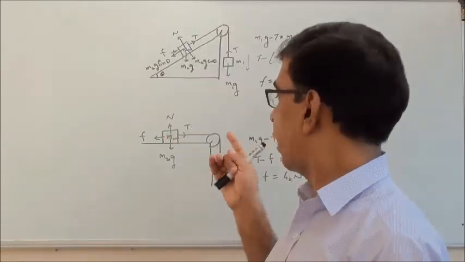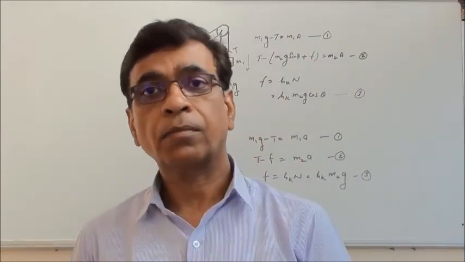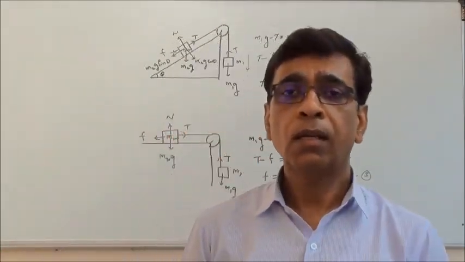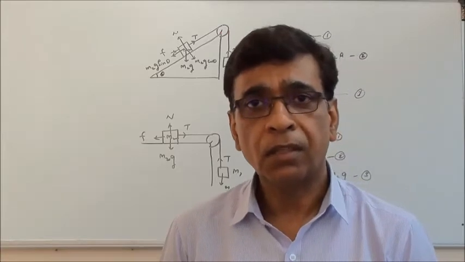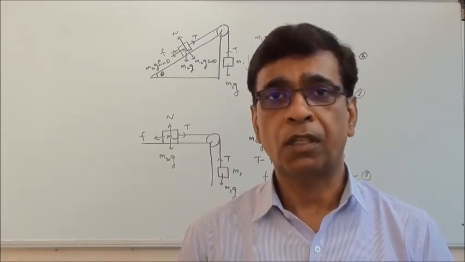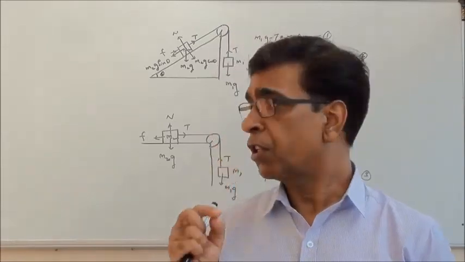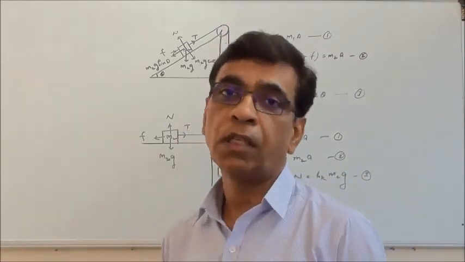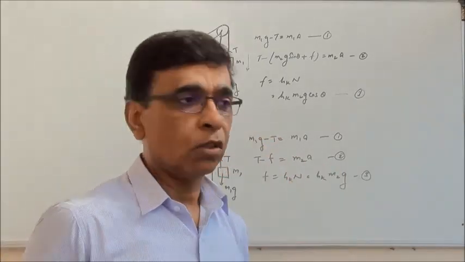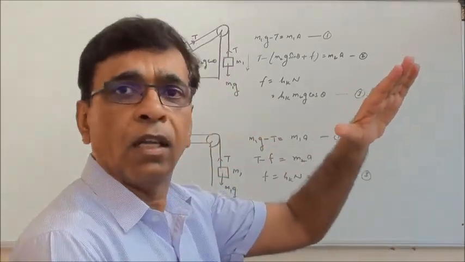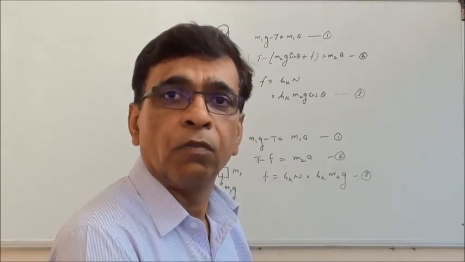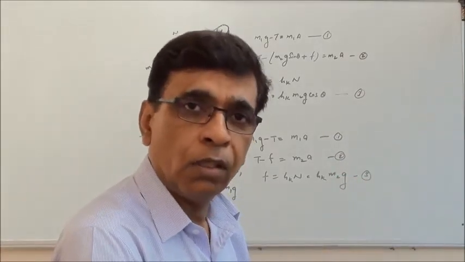The force of kinetic friction is equal to mu k into R. The direction is such that it opposes the relative motion. It tends to destroy the relative motion. And the frictional force is independent of the area in contact. So these can be summarized in the form of the laws of friction. Then I define the angle of repose, the minimum angle of the inclined plane at which the body moves down.